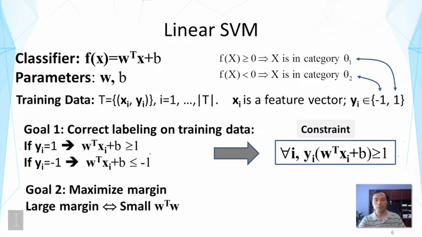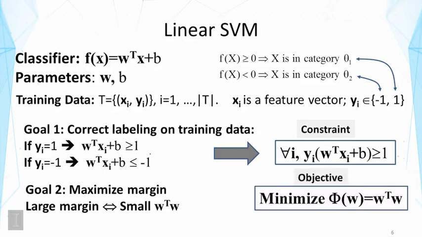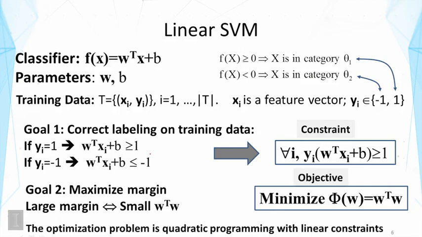So we've just shown that we have a constraint for getting the data on the training set to be classified correctly. Now we also have an objective that's tied to maximization of margin, and this is simply to minimize W transpose multiplied by W, and we often denote this by phi of W. So now you can see this is an optimization problem, right?